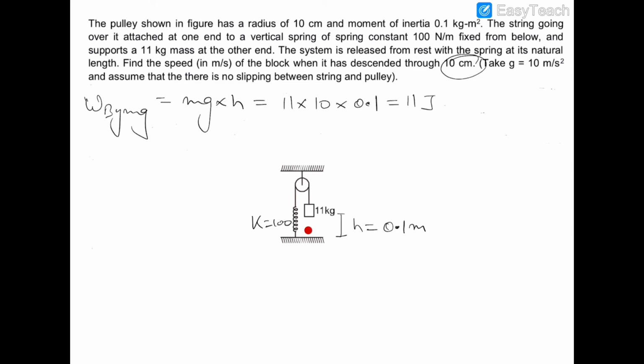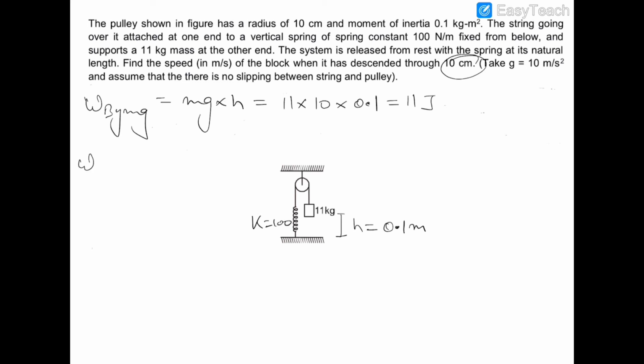Okay, and this work done by mg has been utilized in 3 parts. One part is the linear kinetic energy of this mass m, which is half mv square. The other part is the rotational kinetic energy of the pulley, which is half I omega square, and the third part is the spring potential energy.